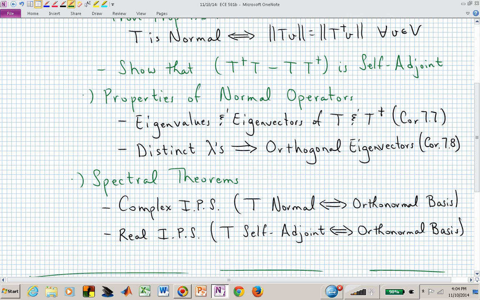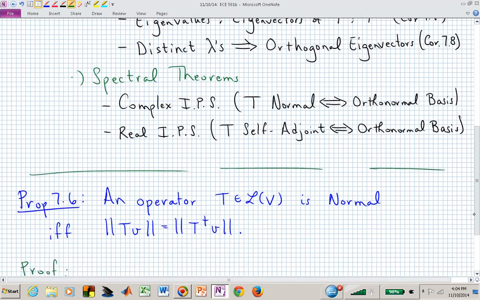When you have a real inner product space, it's more difficult, or it's more constrained, and there you actually have to have your operator being self-adjoint, not just normal. If your operator is self-adjoint, then you have an orthonormal basis of eigenvectors.